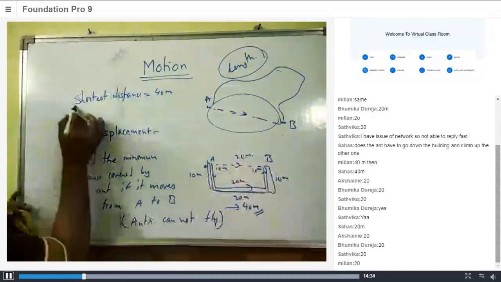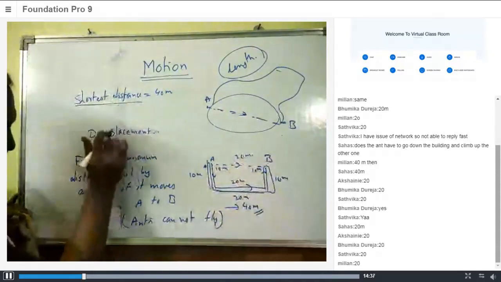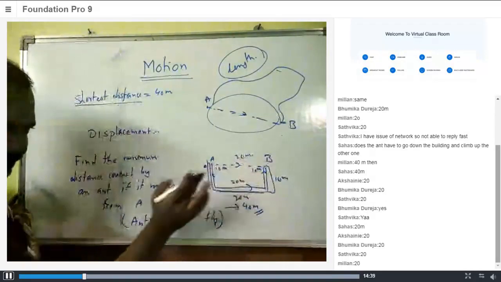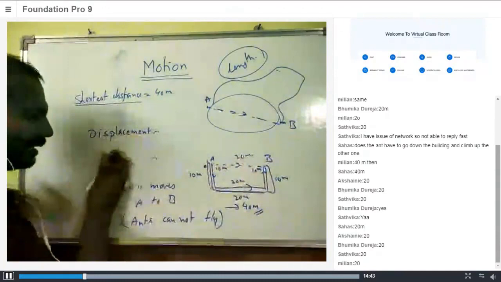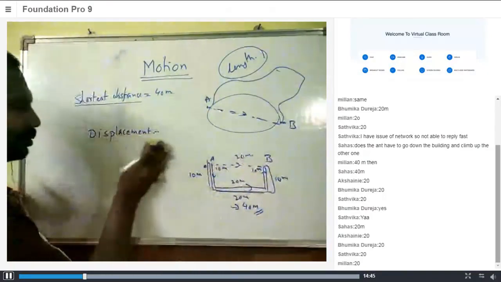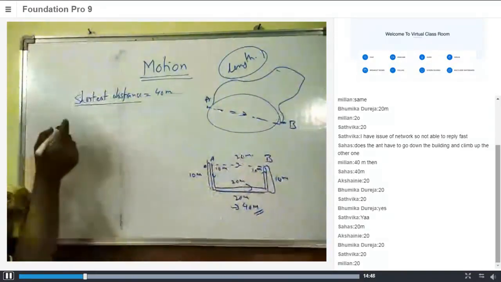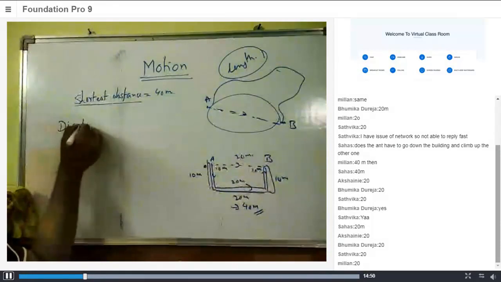So shortest distance need not be equal to displacement. We have a misconception that displacement is always equal to shortest distance, but it need not be. So how do we define displacement?